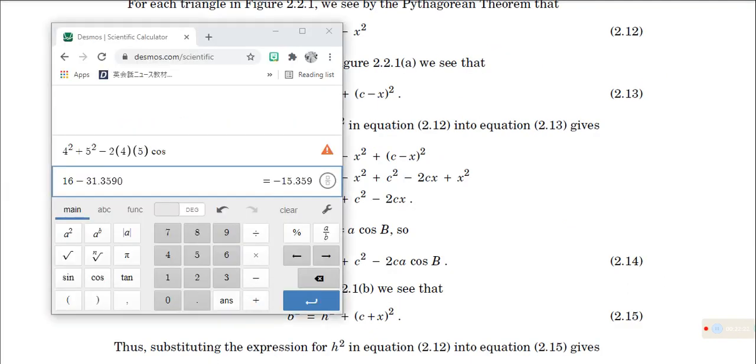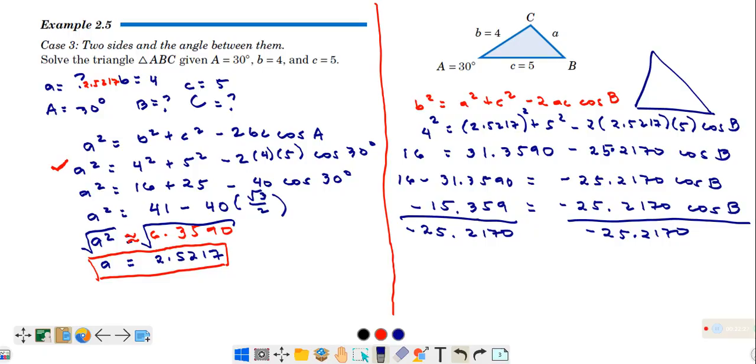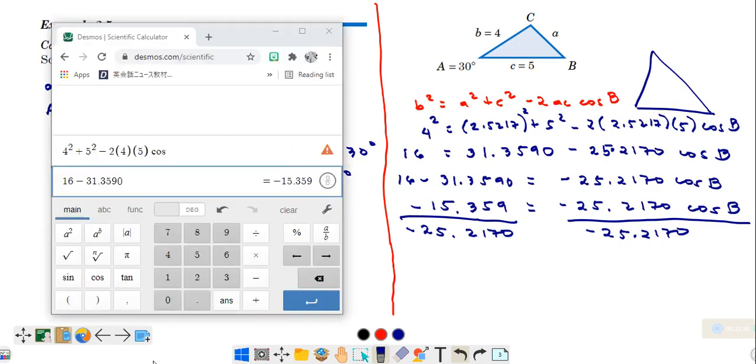Pag nakalimutan niyo yung sign niyo, since pwede siyang mapunta sa iba't ibang quadrant, pwedeng maiba yung angle na makukuha nyo. Di ba pagka mga angles na nakaplot sa quadrant, pagka parehas sila ng reference angle, parehas din sila ng trigonometric function value. So, you have to be careful with the signs.